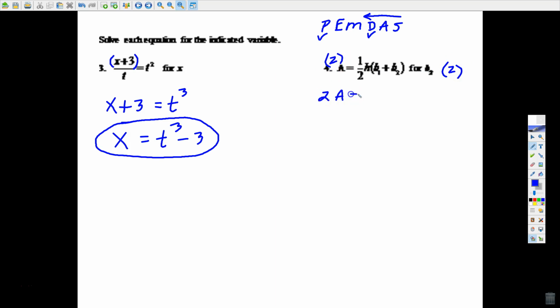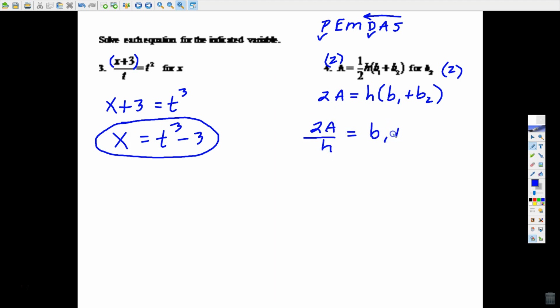2a is now equal to h times this quantity. Okay? Still looking at PEMDAS in reverse. I've still got this multiplication, so I need to undo multiplication. In this case, it's okay to do division. I undo multiplication by h with division by h.